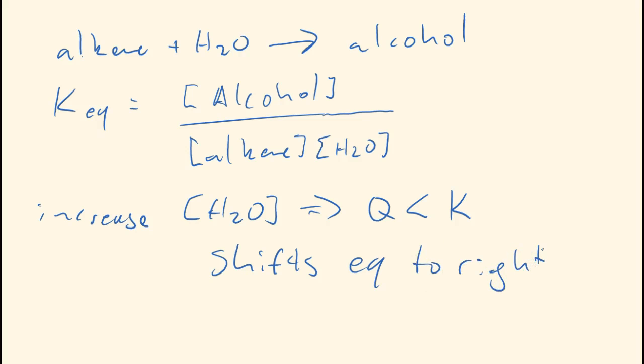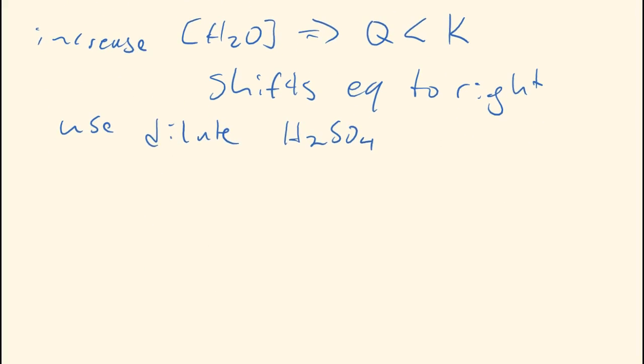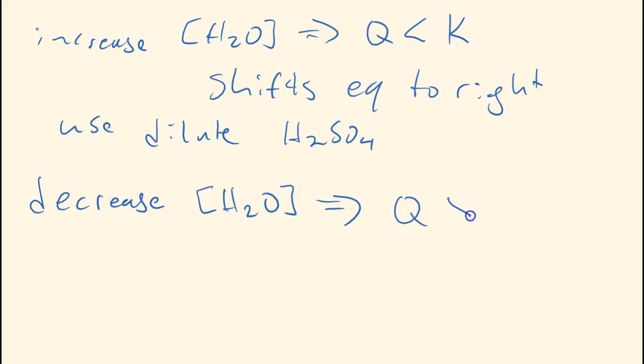So you can accomplish this, a higher water concentration, by using dilute H2SO4. On the other hand, if you decrease the concentration of water, that gives you a reaction quotient greater than K, which shifts the equilibrium to the left.